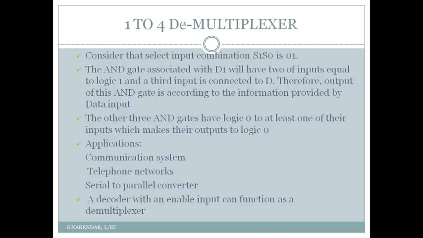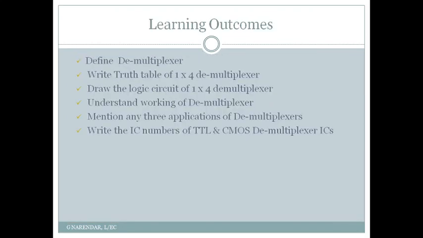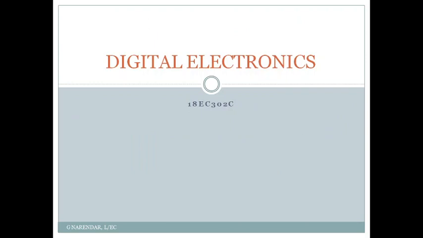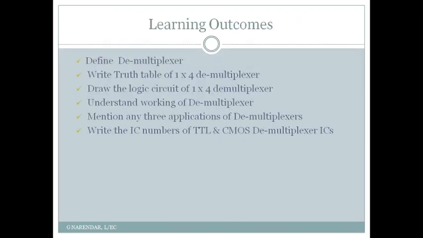So we'll summarize what we have learned in this class so far. The outcomes of this lecture will be to define what a demultiplexer is and to understand the working of a particular demultiplexer, the 1 by 4 demultiplexer.